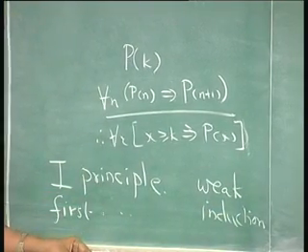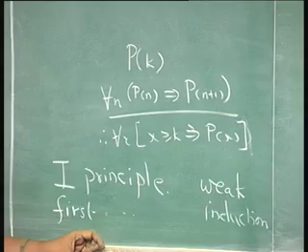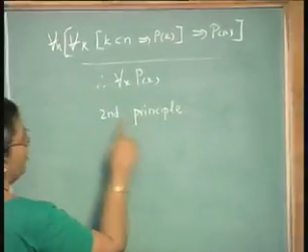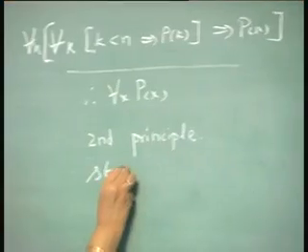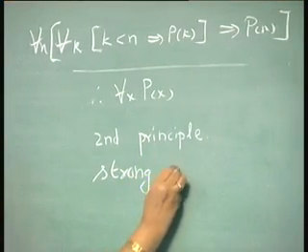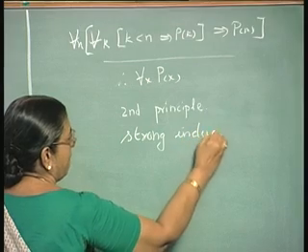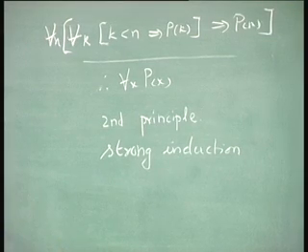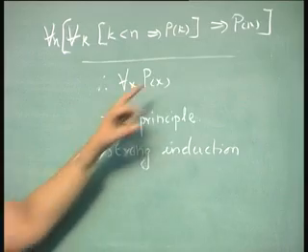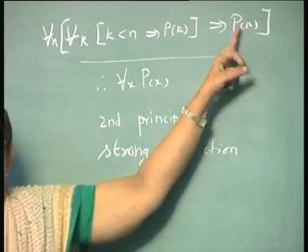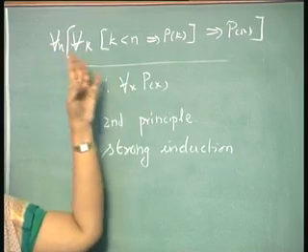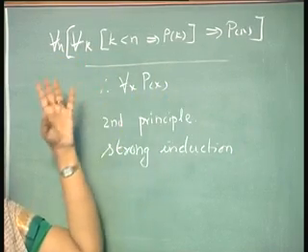In contrast to that, what is called strong induction, or the second principle, is this. For proving Pn, earlier we assumed only Pn minus 1, or to prove Pn plus 1 you assumed only Pn.